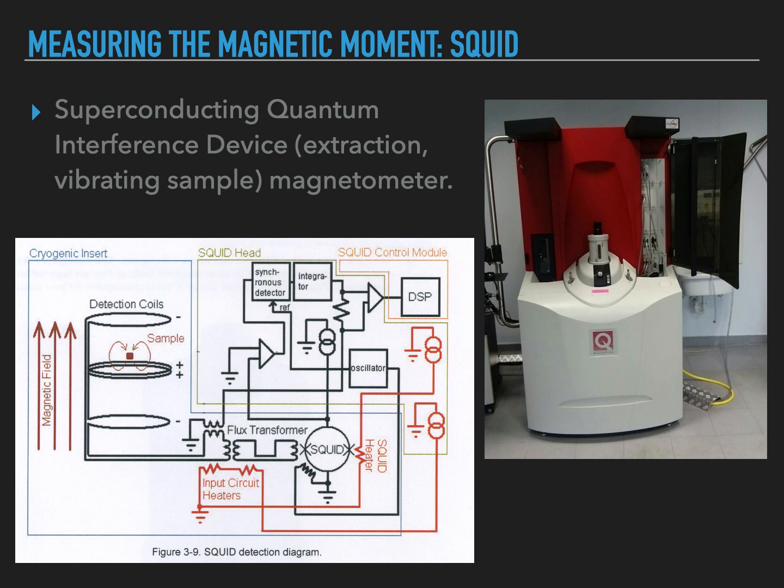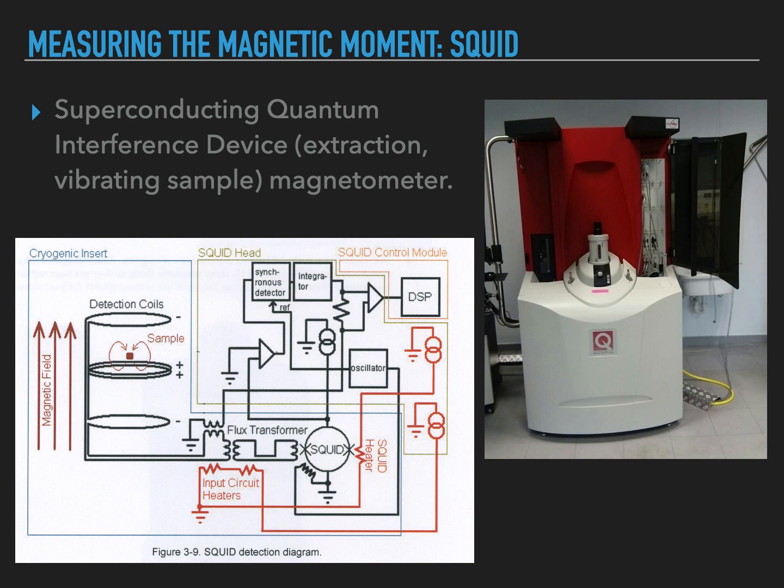Then there are SQUID magnetometers, or superconducting quantum interference device magnetometers. These are similar to VSMs, because in fact, as we will see, the sample is kept in movement. But normally they use superconducting coils instead of electromagnets to generate a field.